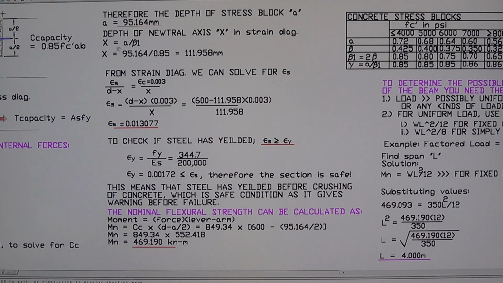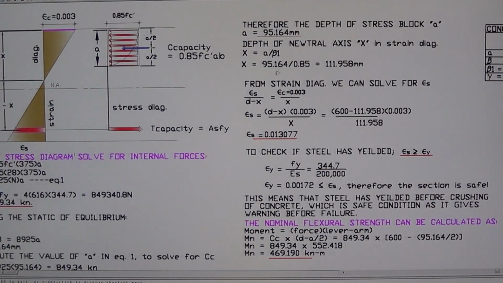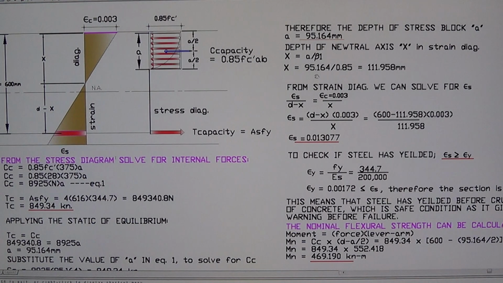Now X is A over beta 1. So X therefore is 95.164 divided by 0.85. You get 111.958 millimeter. So we got X there, which is equal to 111.958 millimeter.